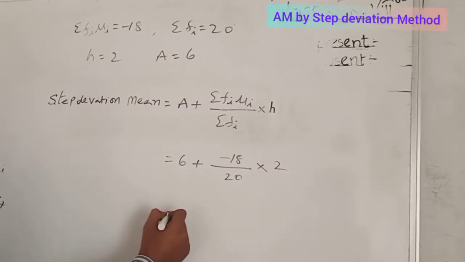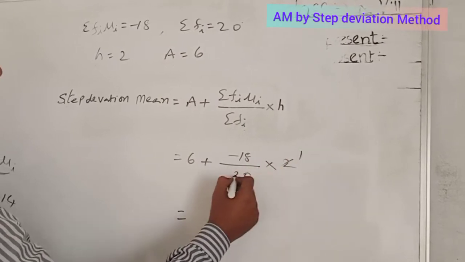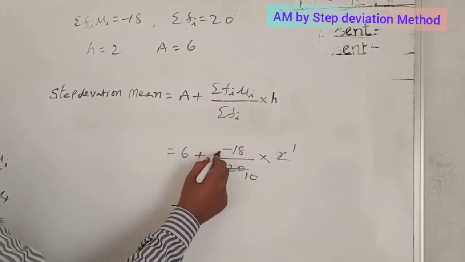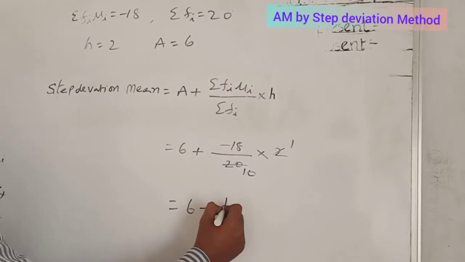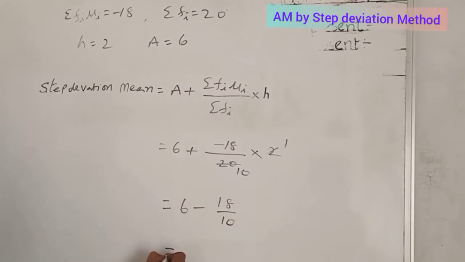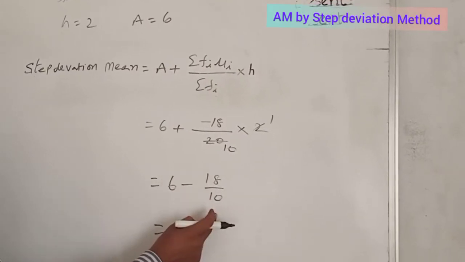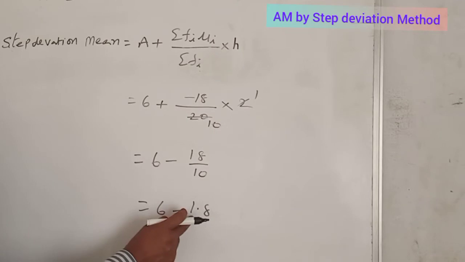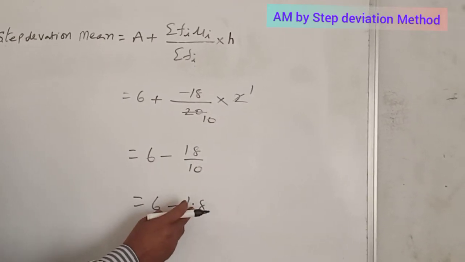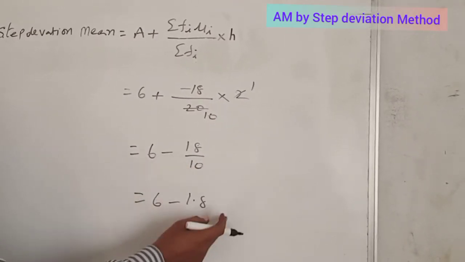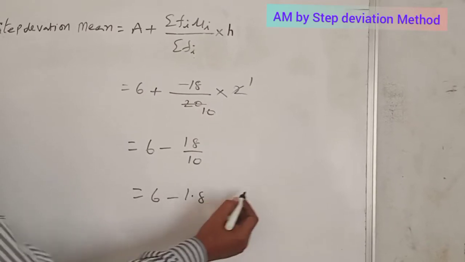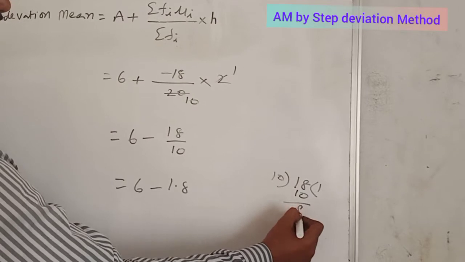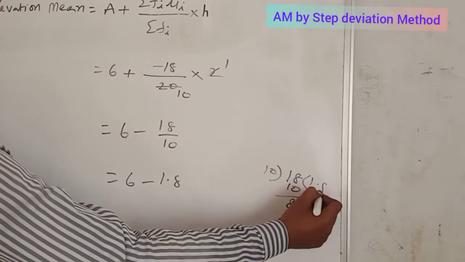So here, 2 ones are 2, 2 tens are 20. So 6 plus minus 18 by 10. That is equal to 6 minus 18 by 10, which means 1.8. 10 ones are 10, remaining 8, so decimal 0, 10 eights are 80.